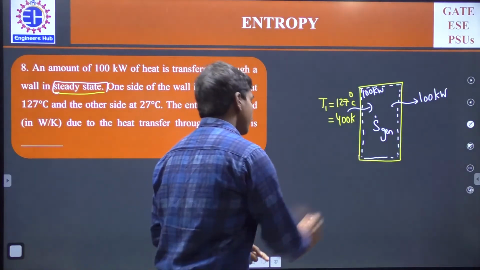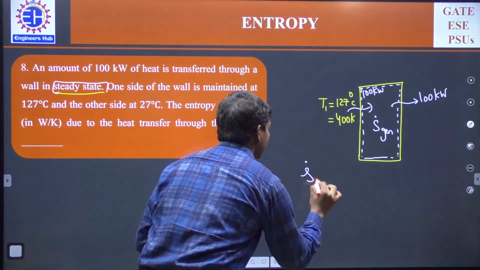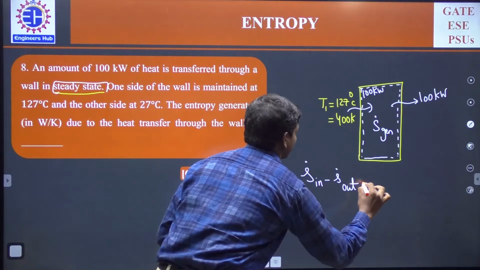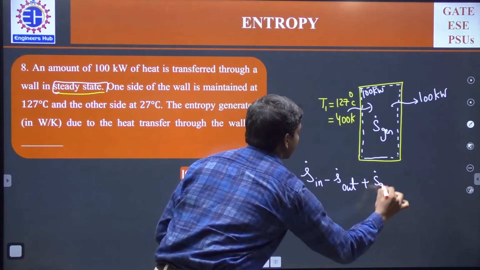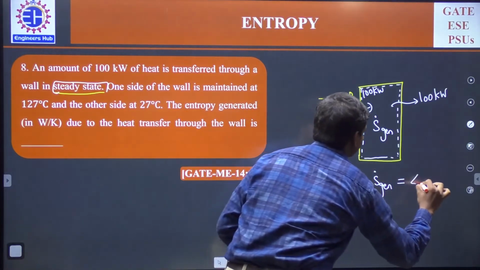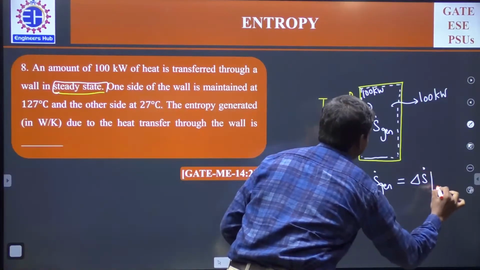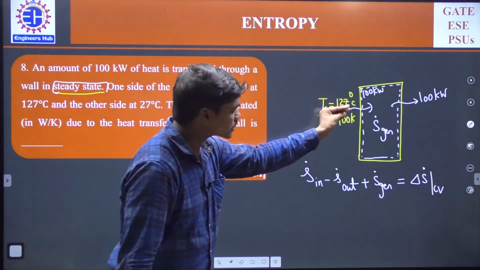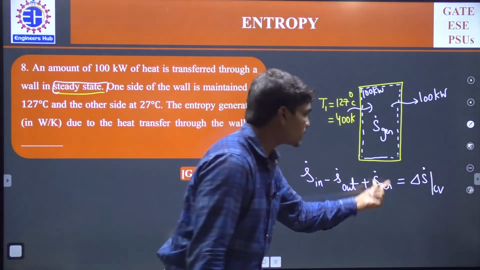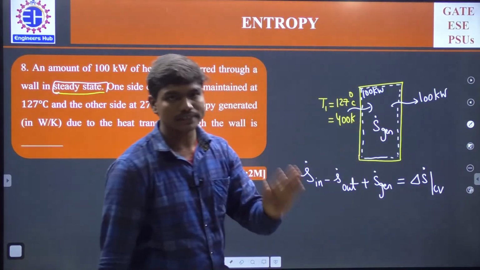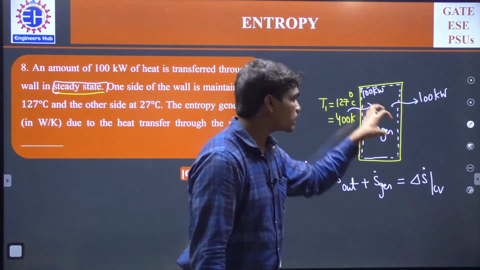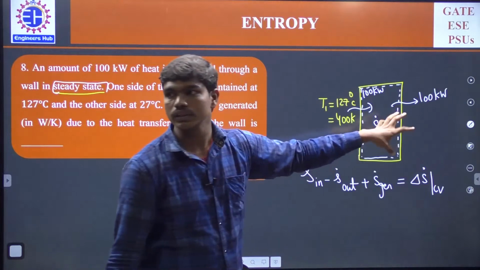Now see carefully. We can write S dot in minus S dot out plus S dot generation is nothing but delta S dot of the control volume. If you write the entropy balance, whatever entropy is coming in, plus whatever is getting generated inside because of some irreversible heat transfer, minus whatever is going out, should be equal to the total entropy that is getting stored within this system.